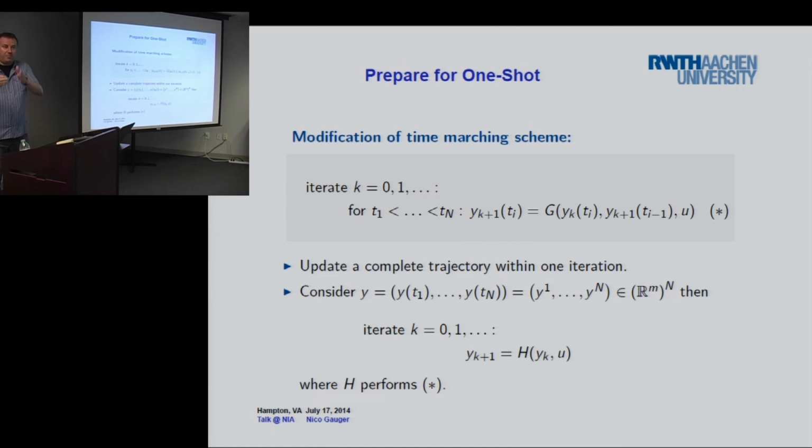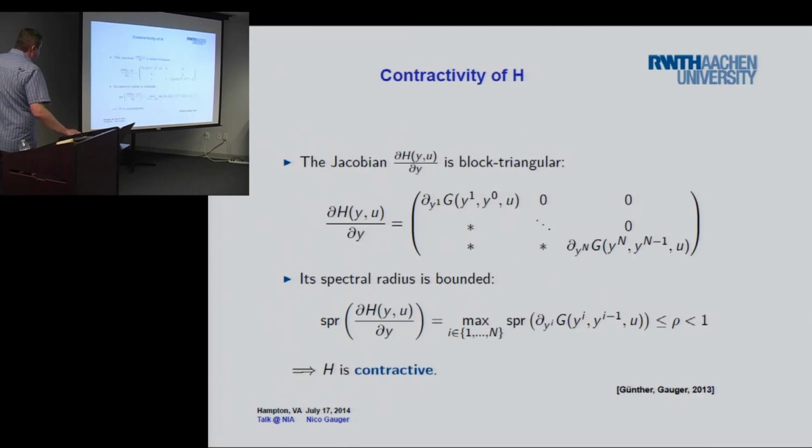This is the operator which evaluates one G iterate alongside a physical time trajectory. If you now analyze h with respect to y, it turns out that the Jacobian of h with respect to y has block triangular character, and on the diagonal we have these terms. We can now estimate the spectral radius of this Jacobian by the maximum of the spectral radii here, which are all bounded by rho less than 1.